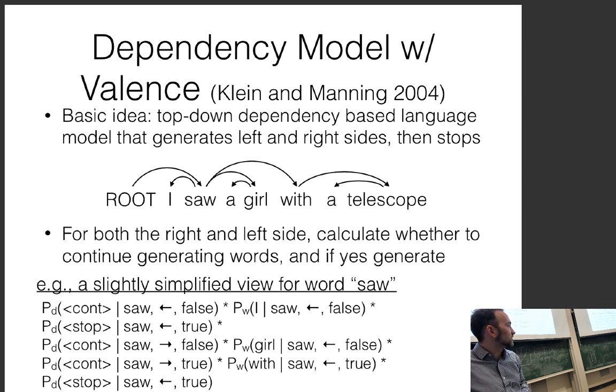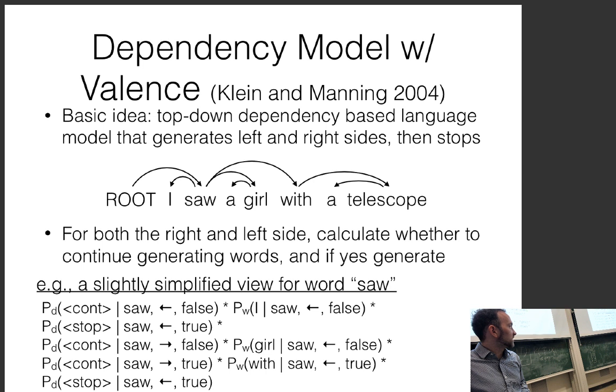Sorry, this is whether we've already generated a word on the left side or not. So if the answer is continue, then we generate a word. Saw has a word to its left, so we generate I. Then based on this, now we have a next word, so our probability is saw. We're still going to the left, and we've already generated a word before. So now we generate stop, because there's no more words on the left of saw.